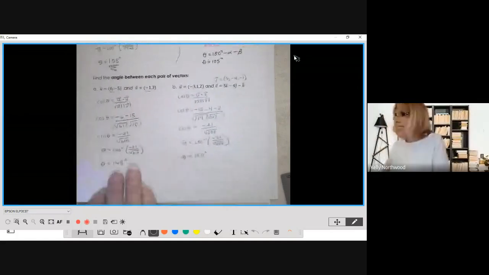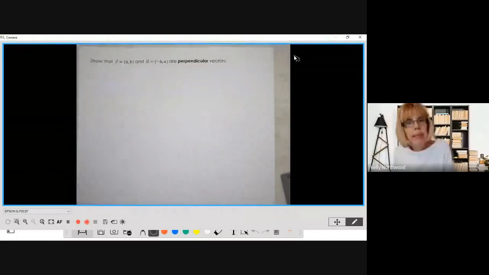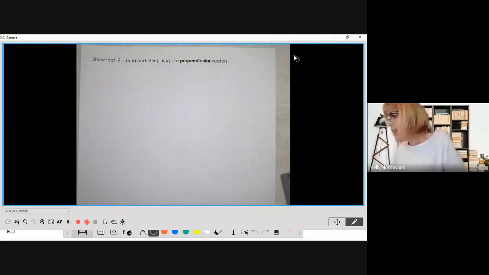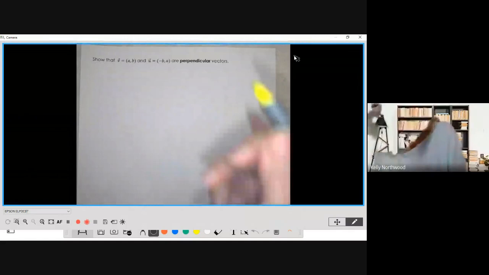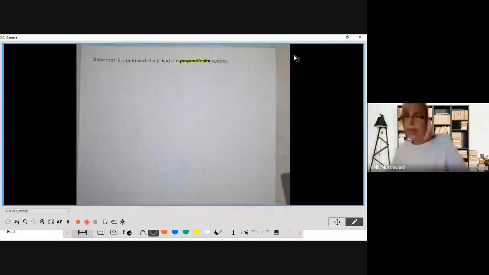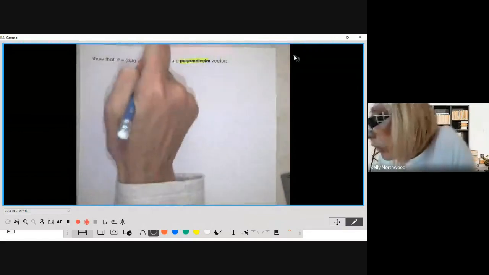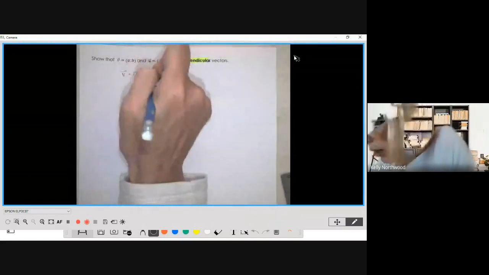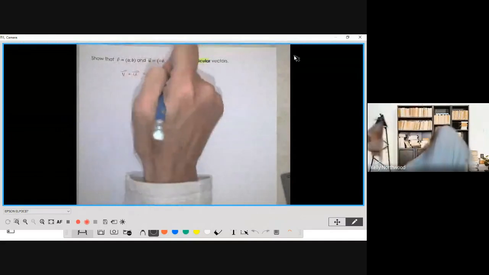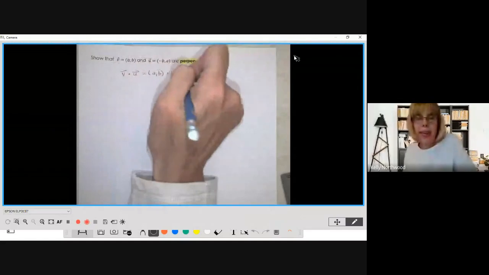Okay, our last question. Show that the vectors V, AB, and U, negative BA, are perpendicular. Again, the biggest outcome of the dot product is that if the dot product of two vectors is 0, then we know that they're perpendicular. So we would try to find V dot U. I'll actually write them out, V dotted with U here, instead of doing it in my head, just to enhance the fact that it's true.